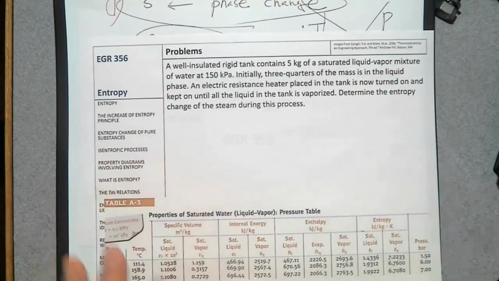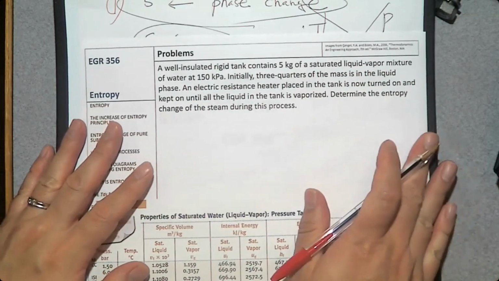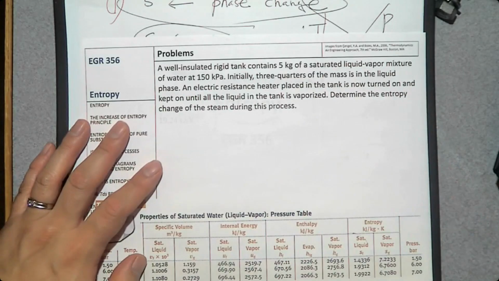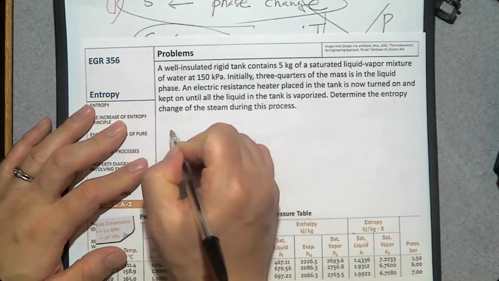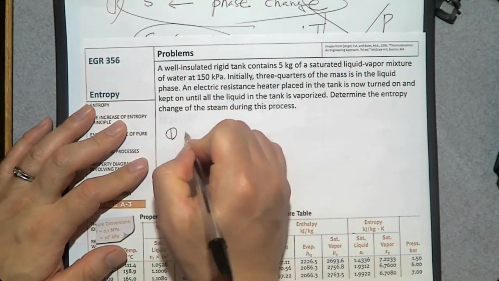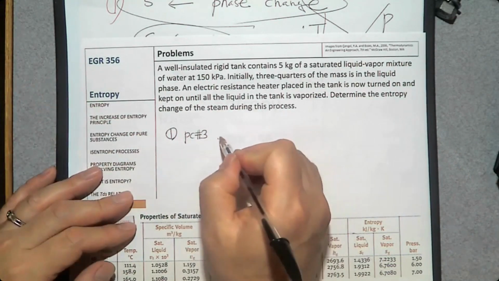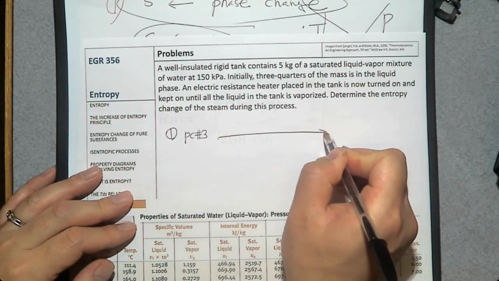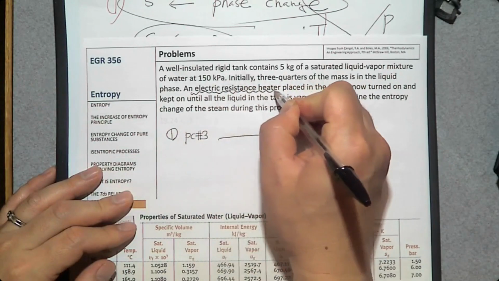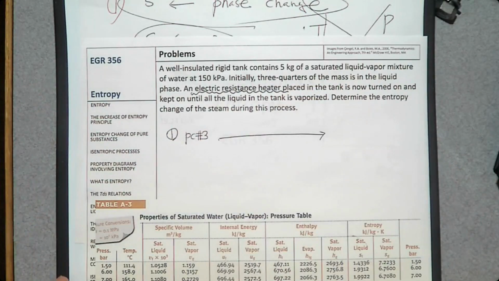Then let's solve this problem. We have initially a saturated mixture, state 1, and there was energy transfer by this electric resistance heater.